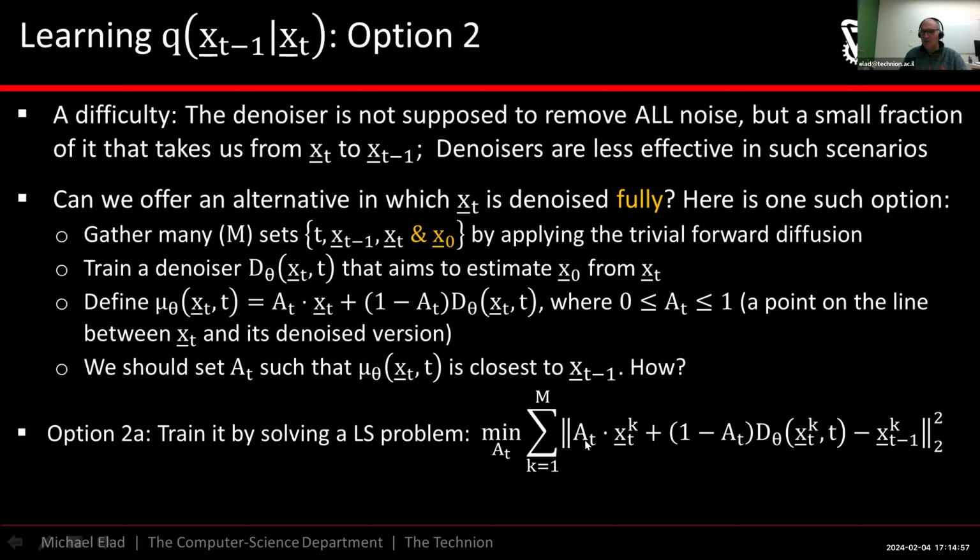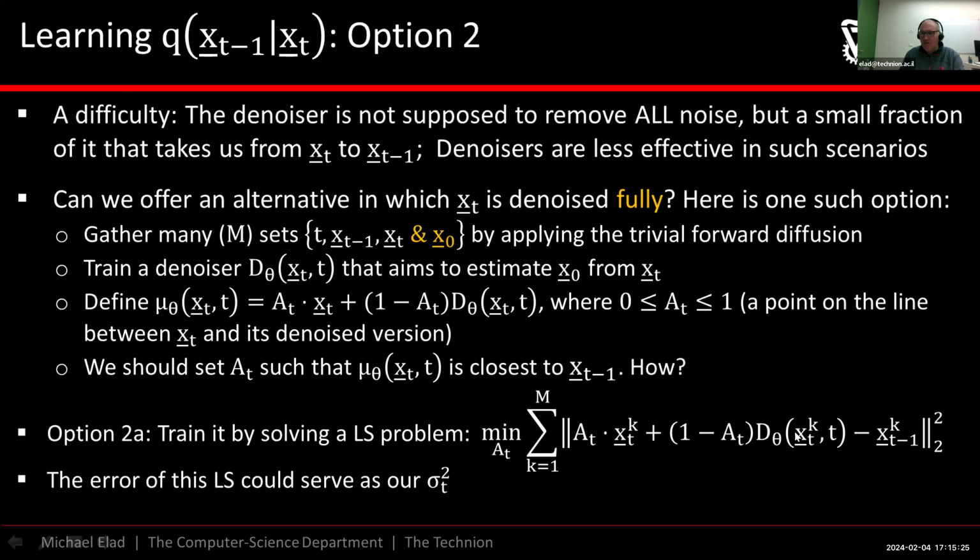The unknown here is the scalar at. That's it. Because this image xt is known to us, the denoiser is known to us, and this xt minus 1 is given to us from the examples. So we can actually do least squares and find the optimal a. Once you have found the optimal a, use it. And in fact, following the same rationale as before, the performance of this combined denoiser is the sigma t.